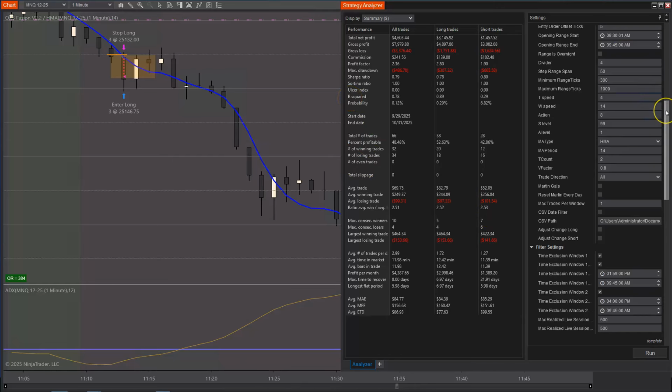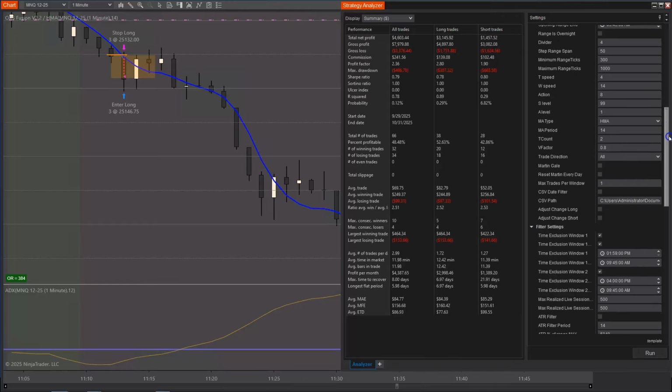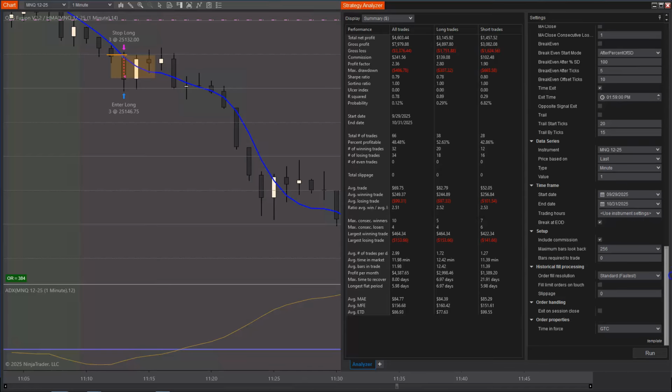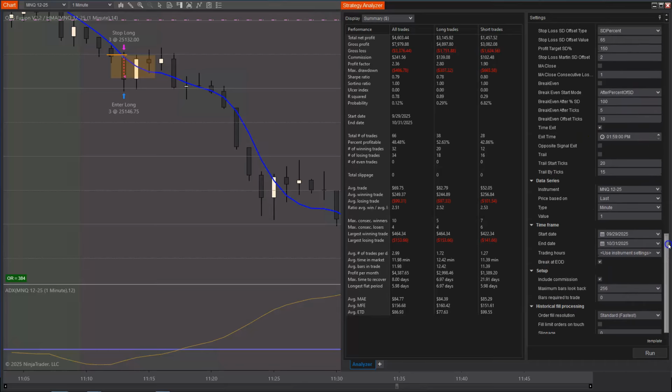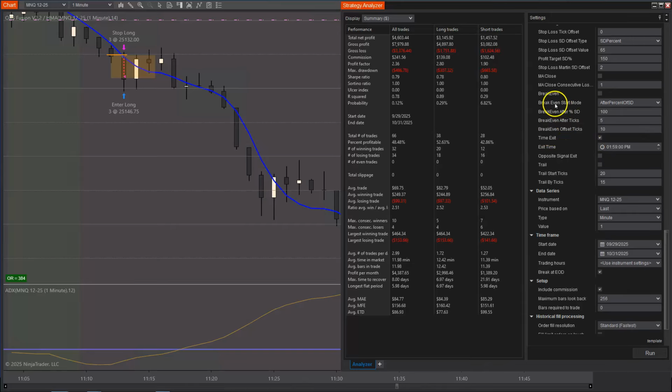And another thing that can ruin backtesting accuracy is the auto break-evens and auto trails. Man, I really am going through everything on this video. So if you wanted, you can set up, it's a fully comprehensive strategy. You can set break evens after a percentage of the SD, after a certain amount of ticks. You can do just like the ATM on the chart trader.